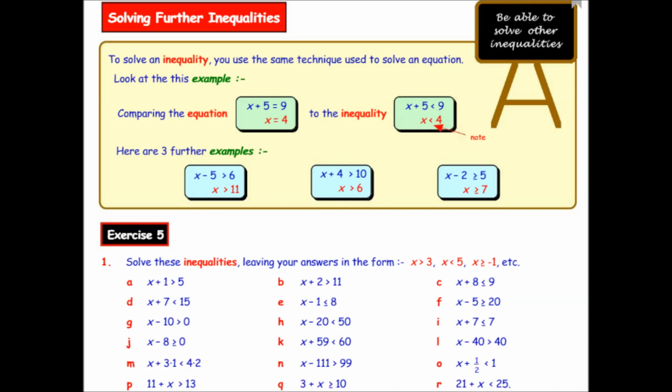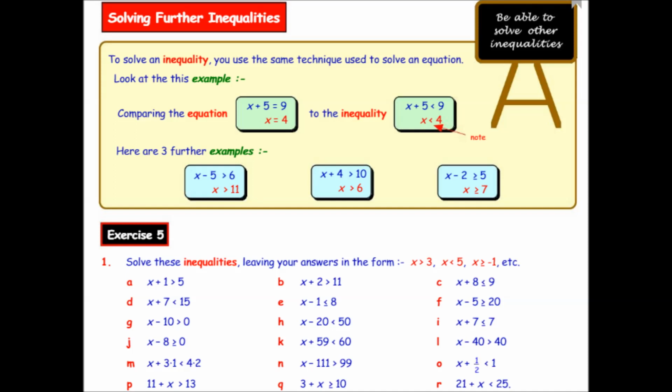We'll look at A and B, and then we'll go down and look at R, because R is quite tricky. I'm trying to see if there's others. O has got a half in it, but I think you'll be okay with the half. We'll look at R and see how we get on.